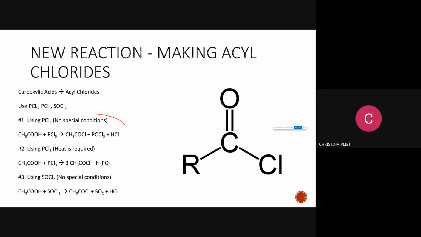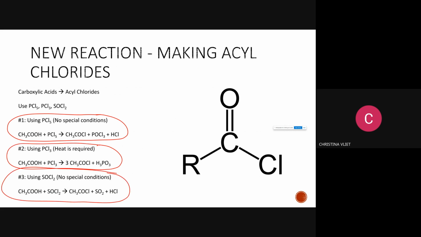And you should write all of them down on flashcards. You may recognize these reagents: PCl5, PCl3, SOCl2. Every single one of them, back in AS Chem, we used all of these to go from OH to Cl on a compound.